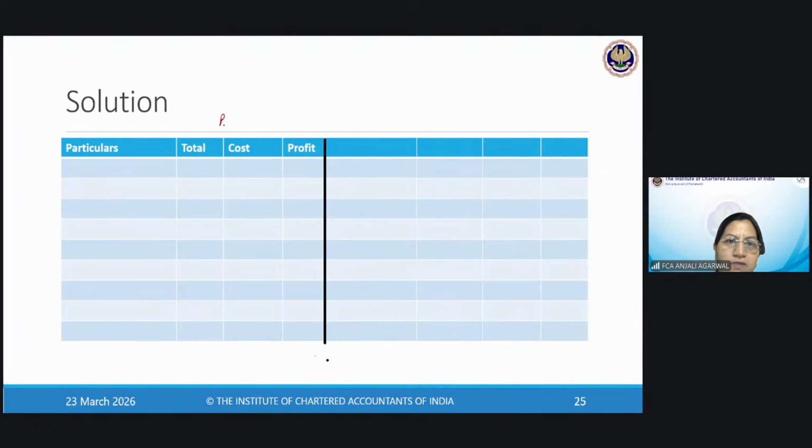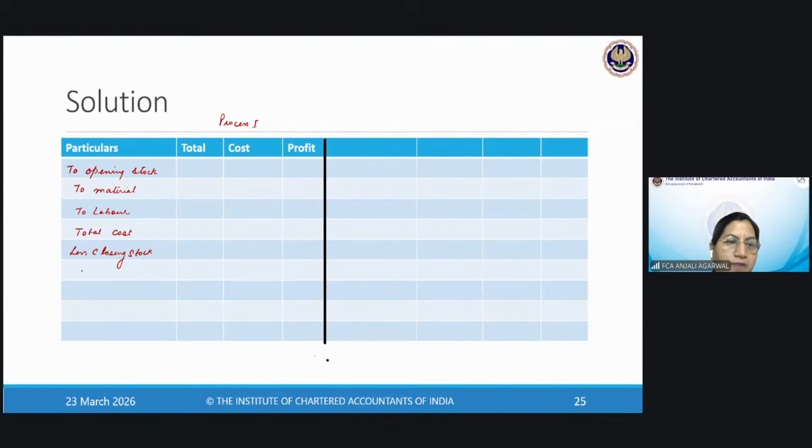So let's say this is your process 1. You will simply write to opening WIP, opening process account, opening stocks, to material, to labor, get the total here, less closing stock, because stocks are valued at prime cost.